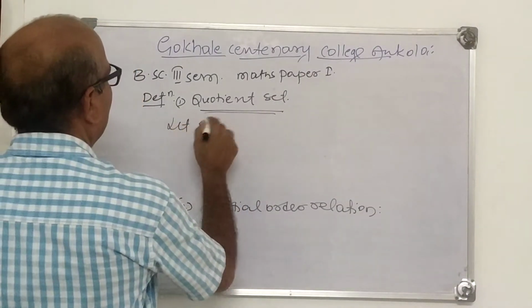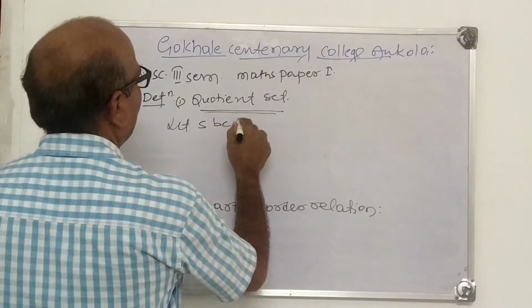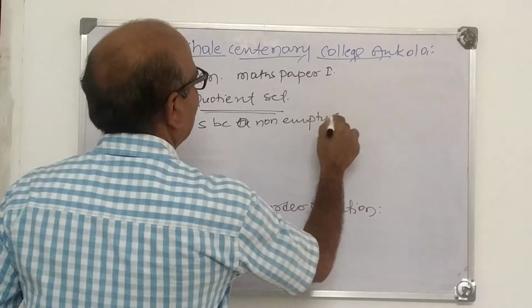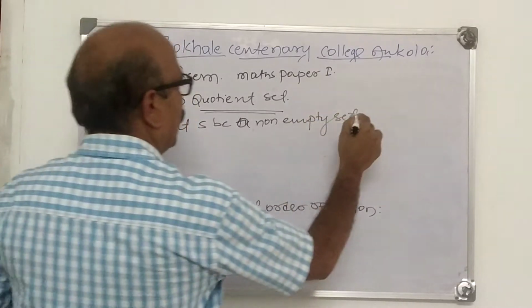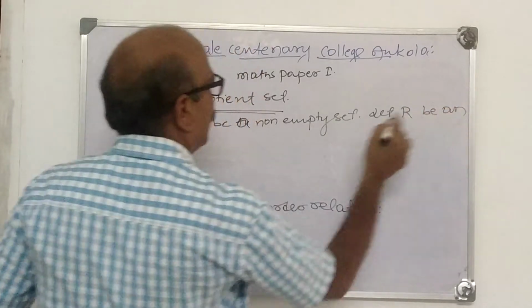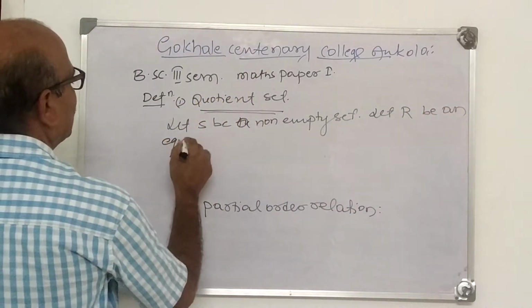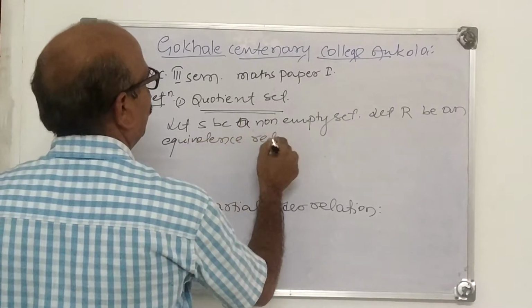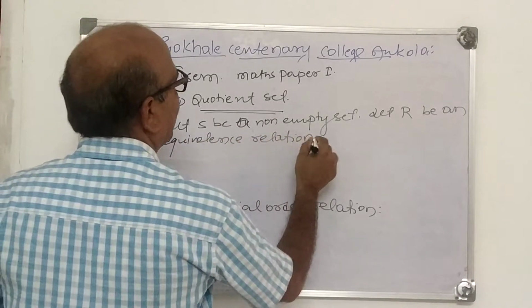So the definition is like this. Let S be a non-empty set. Let capital R be an equivalence relation. You know what is equivalence relation? Reflexive, symmetric and transitive.